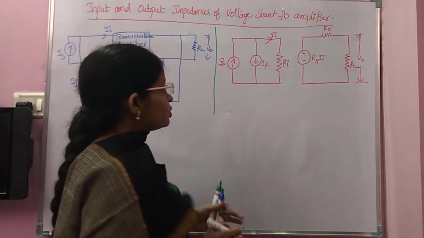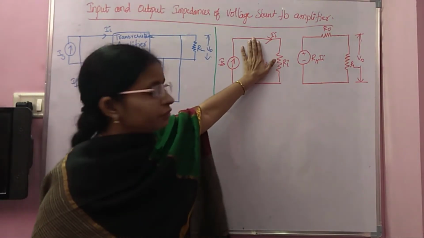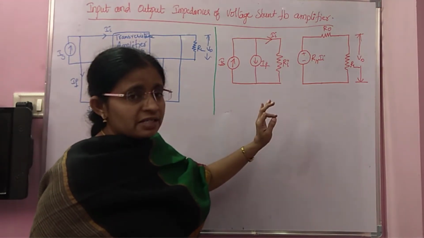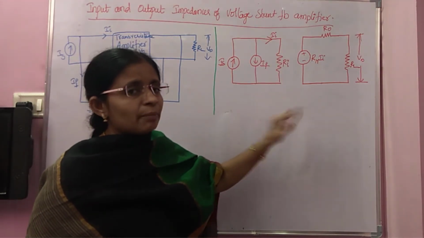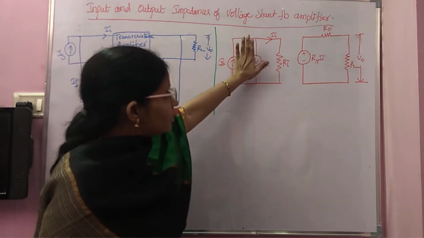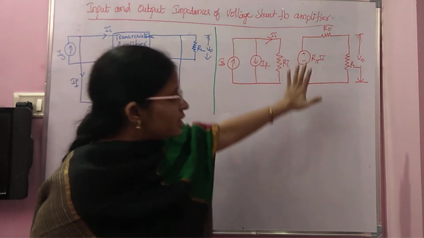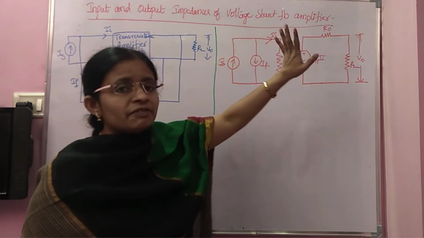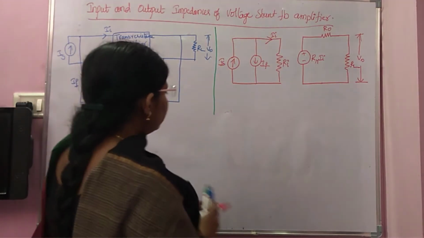If you remove IF, it is simply the Thevenin's equivalent circuit of a trans resistance amplifier. If you add the feedback like this, it becomes the equivalent circuit for the voltage shunt feedback amplifier.